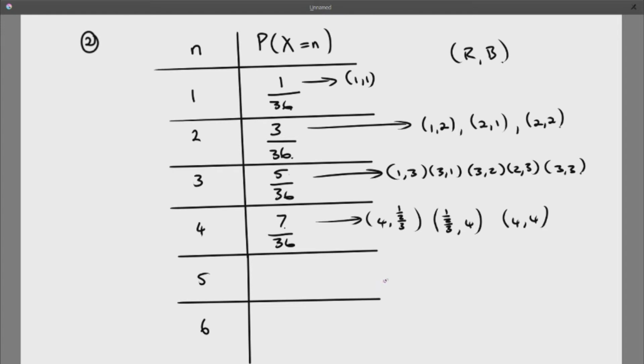Then if my largest number is a 5, the same thing. Out of 36, I can get a 5 with 1 or 2 or 3 or 4 and flip them around, or a 5 second and then 1 or 2 or 3 or 4. Or I can get 5 and 5.